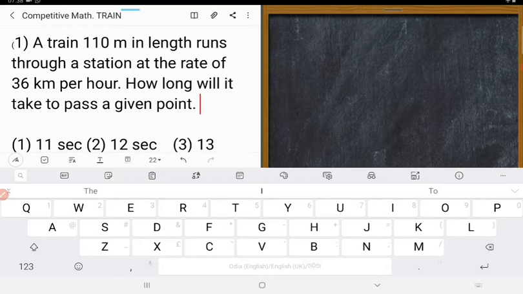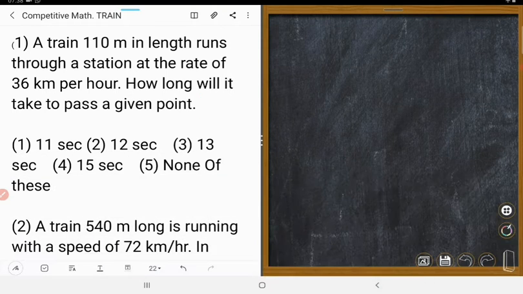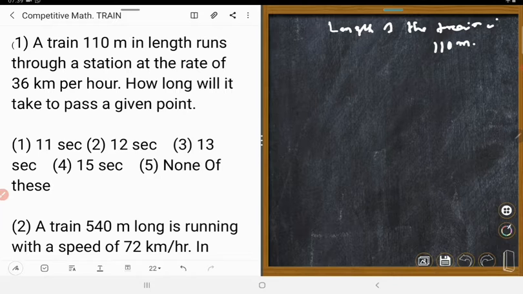Tell me. The length of the train is 110 meter, right? It will pass its length, so let's calculate in how much time it will pass it.